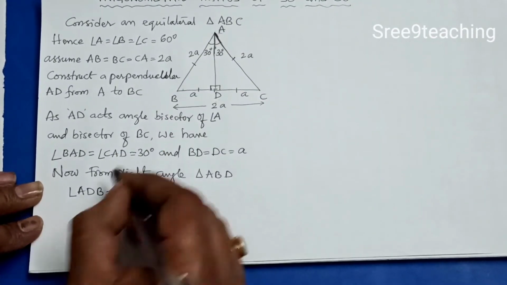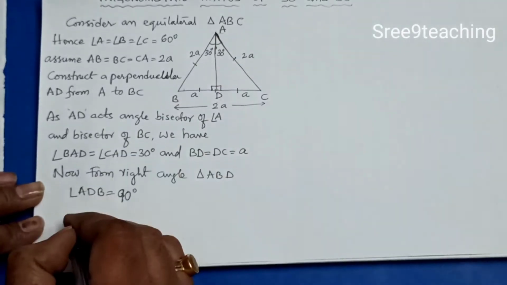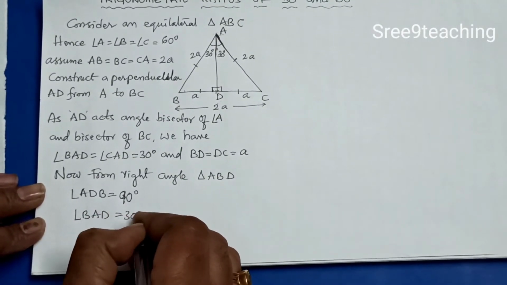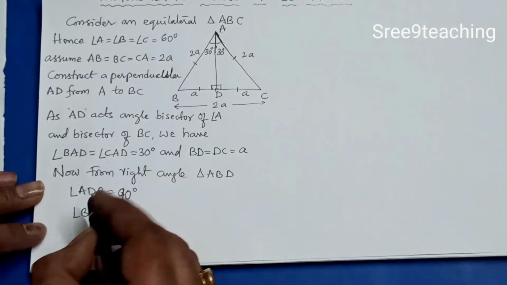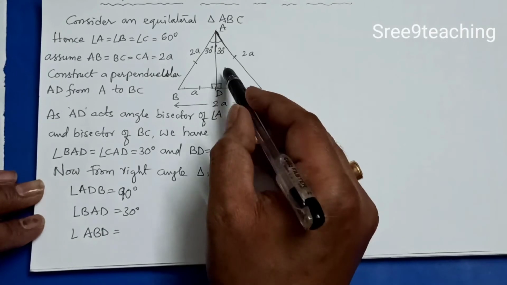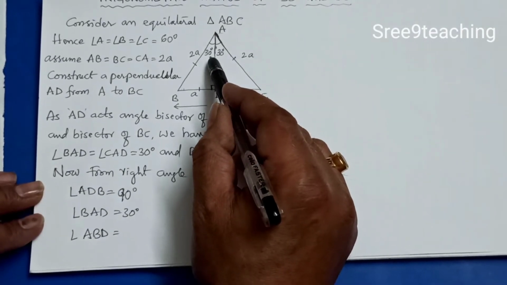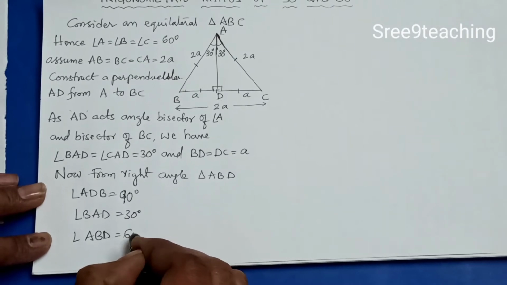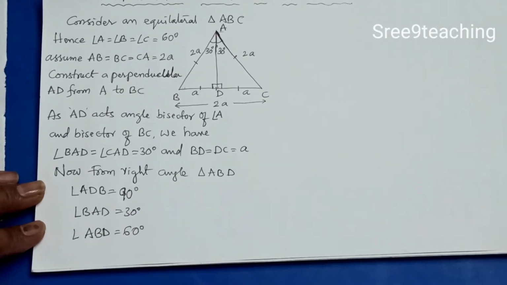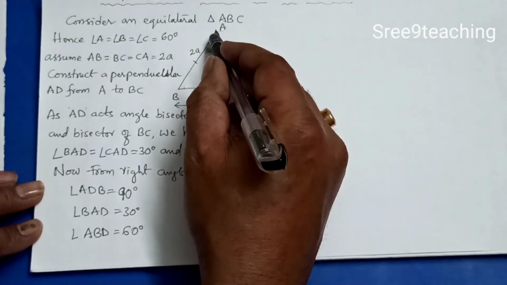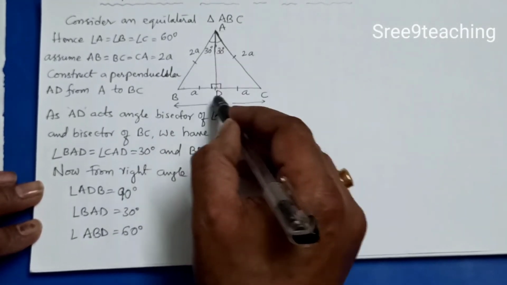And angle BAD is 30 degrees. What will be the angle ABD? 90 plus 30 is 120, and 180 minus 120 will be 60 degrees. Got it? So total 90 plus 30, 120, plus 60, 180 degrees in this triangle ABD.